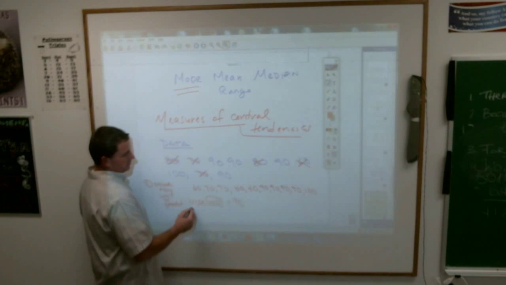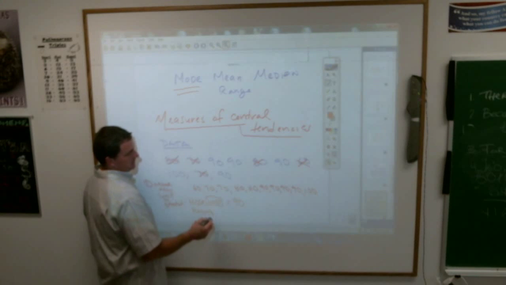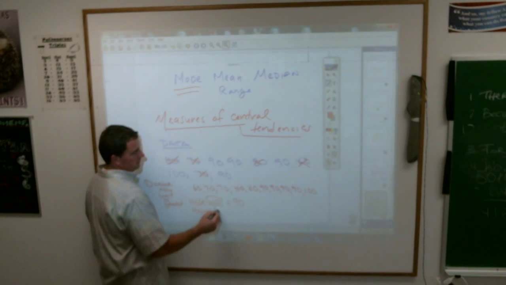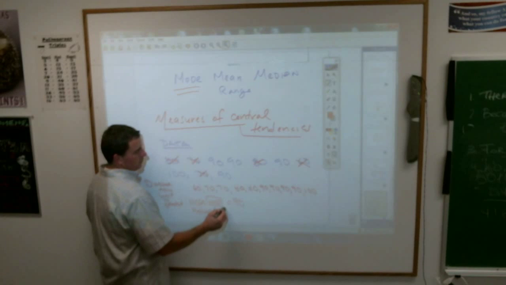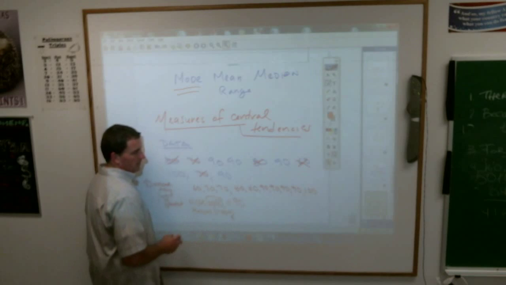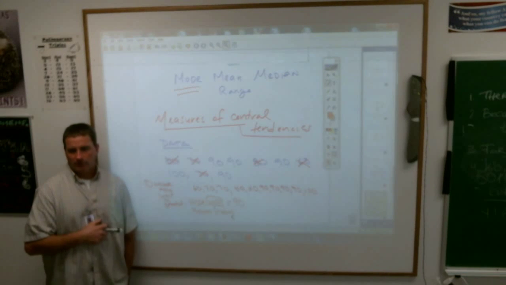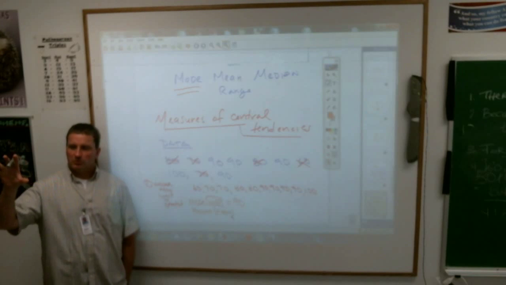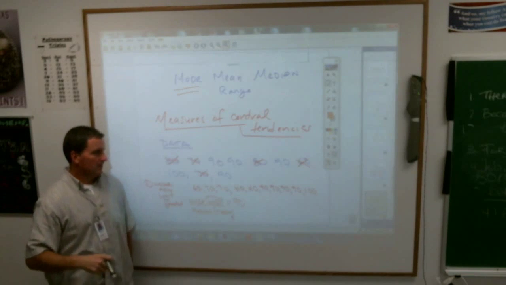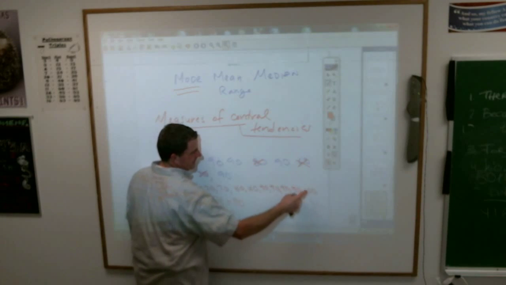Now, let's do the median. Logan said the median is the middle. So what you have to do with this, children, when you look for the middle, you always would like an odd number of numbers because there's an exact middle with an odd number of numbers. This has 10, 1, 2, 3, 4, 5, 6, 7, 8, 9, 10.